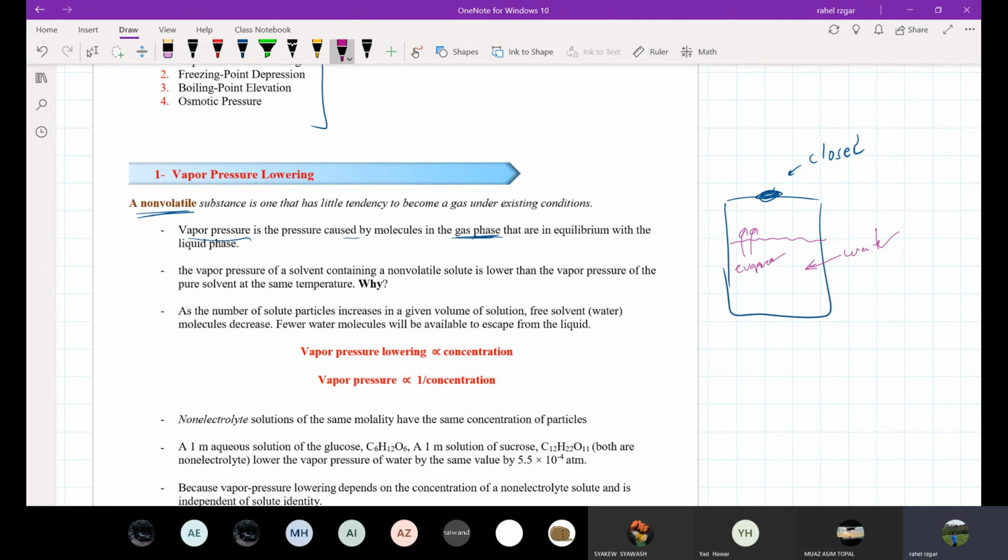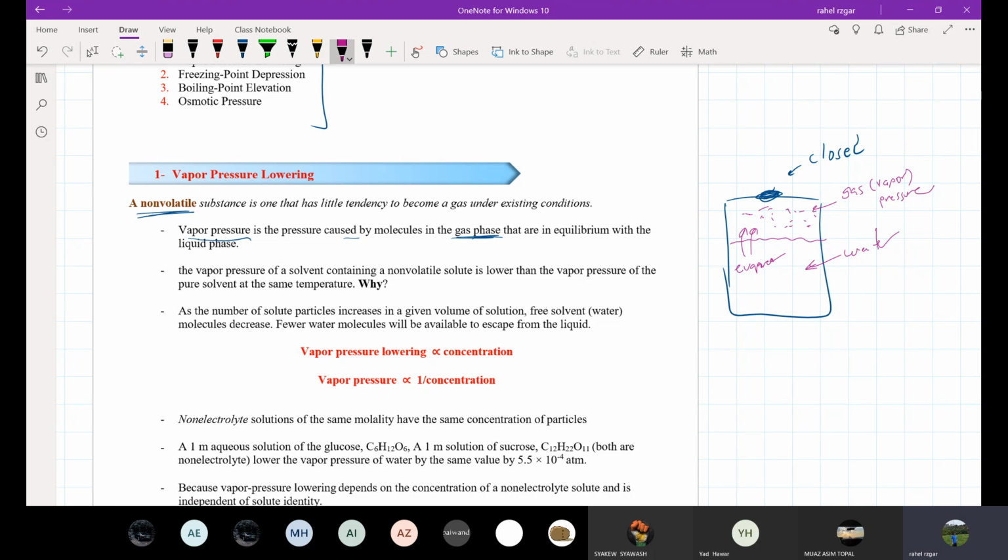But then, in this part we have gas, which is vapor. When it reaches a certain amount of vapor, it has a pressure. Gas has pressure.